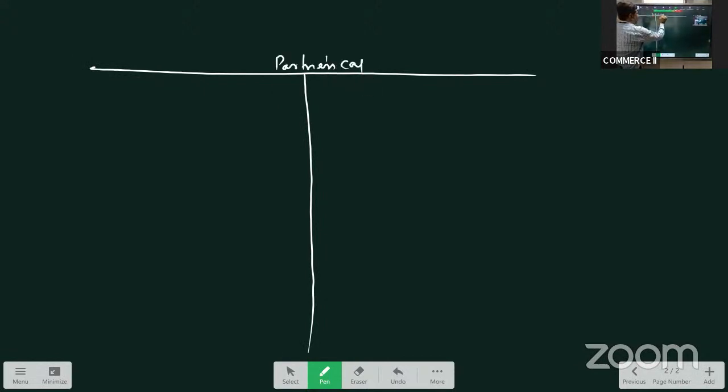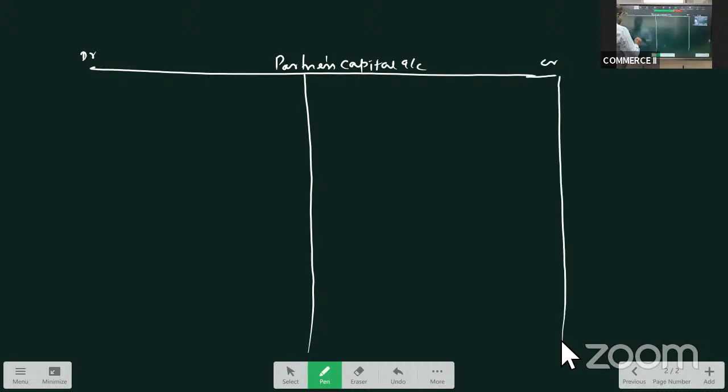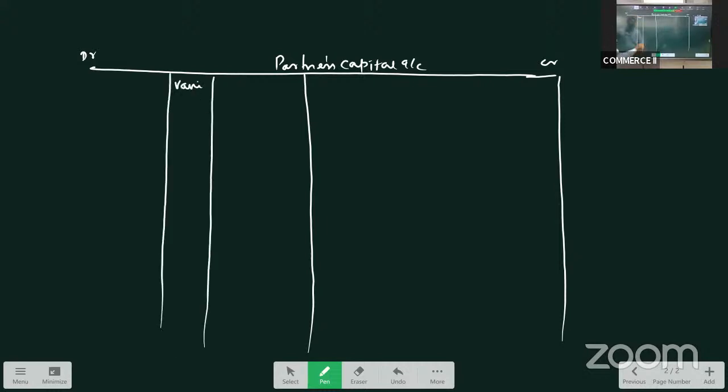What are we preparing now? We are preparing the partners' capital account. It is a columnar account, combined capital account of Vani, Sarada, and Neeraja.